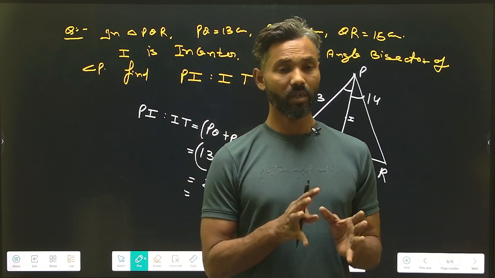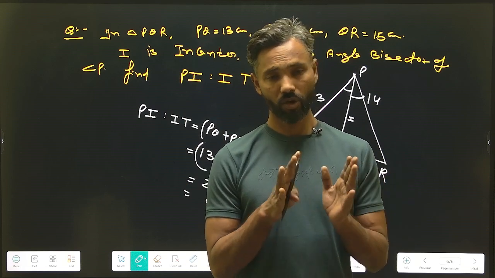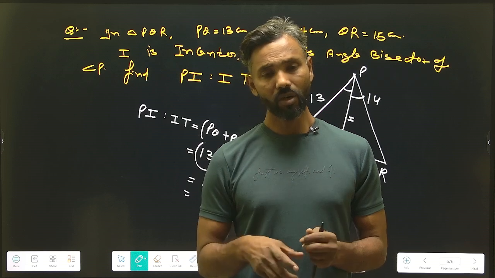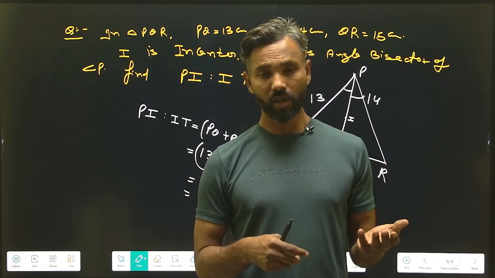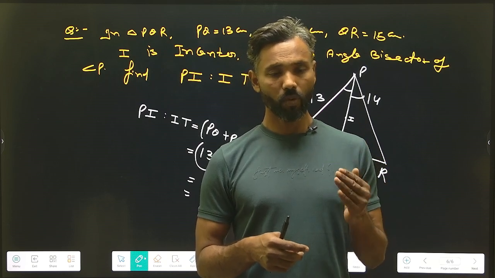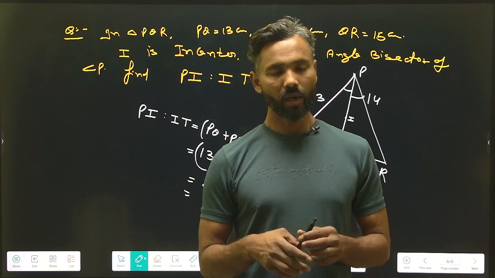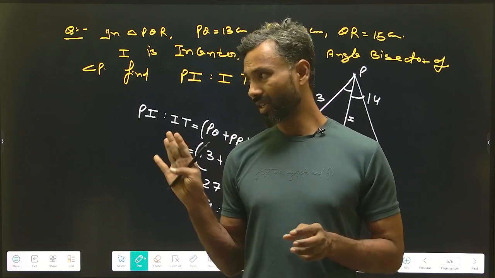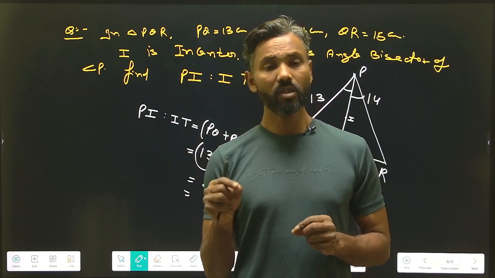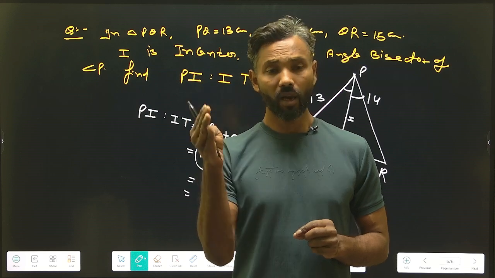After that we discussed two basic formulas for the length calculation of the Inradius. In today's session we discussed two more formulas for the Inradius, but those were specific formulas, one for a right angle triangle and another for an equilateral triangle. After that we discussed in which ratio the Incentre divides the angle bisector.